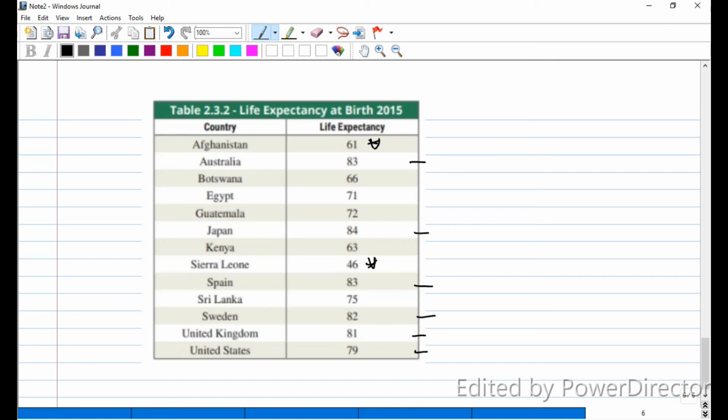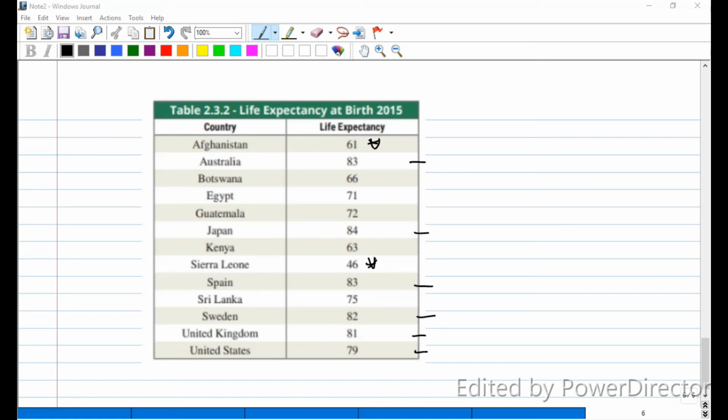So you see the difference? Time series is going to be over some amount of time. Cross-sectional, you're looking at it all at once. So if I want to look at ACT scores for 2018 in all 50 states, that would be cross-sectional.